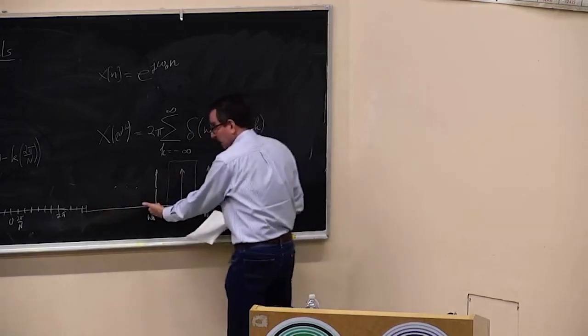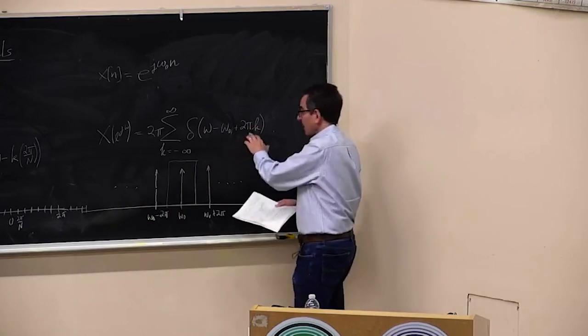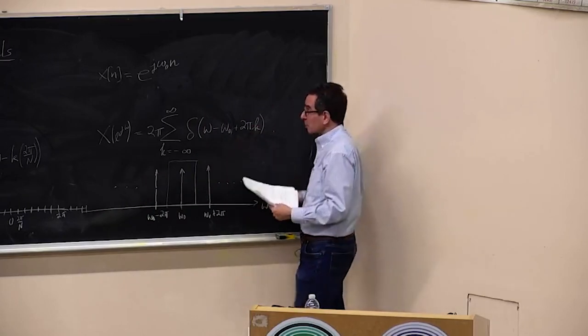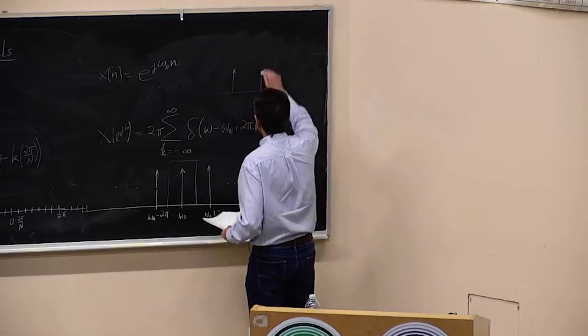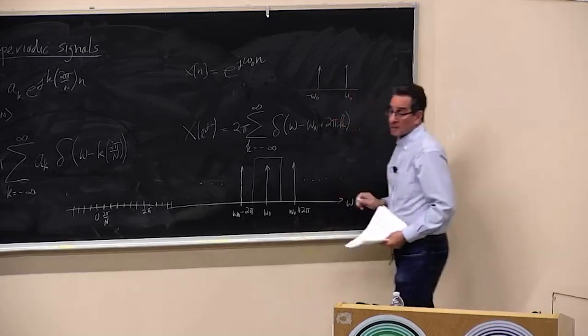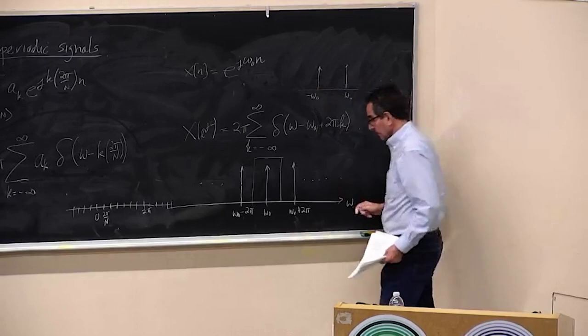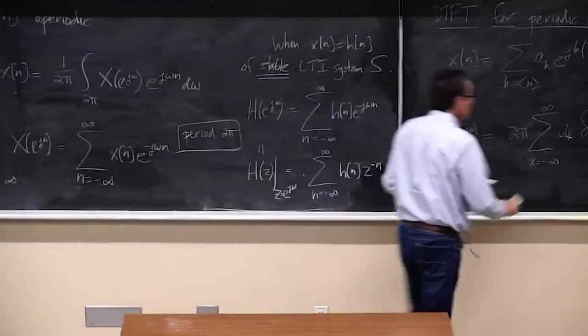And then you're going to have one at negative omega naught plus all of its repeats every integer multiple of 2 pi. So it looks like a big mess, but if you just look at one period of it, it's going to look like what you'd expect. You're going to see something at minus omega naught and plus omega naught. But then you have to put in all their repeats in both directions.